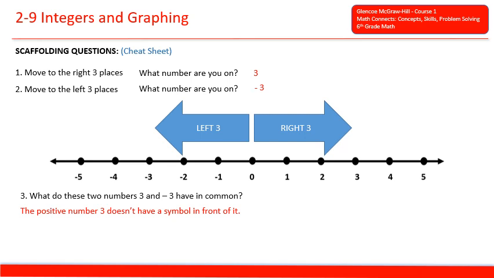Or what do they not have in common? They don't have in common a symbol, right? Because the positive number 3 doesn't have a symbol in front of it. Both are the same distance from 0. Can you see that? They're both 3 places from 0, just in opposite directions. We call that the absolute value, and we'll get to that at some point.